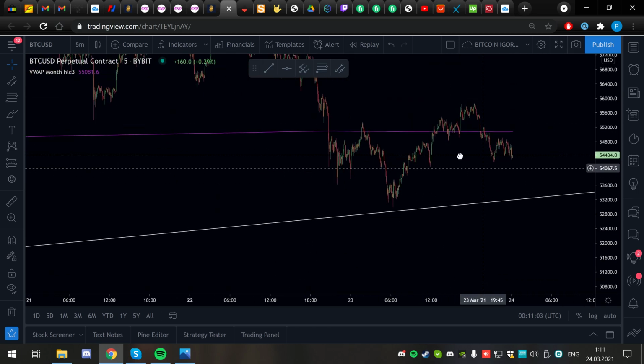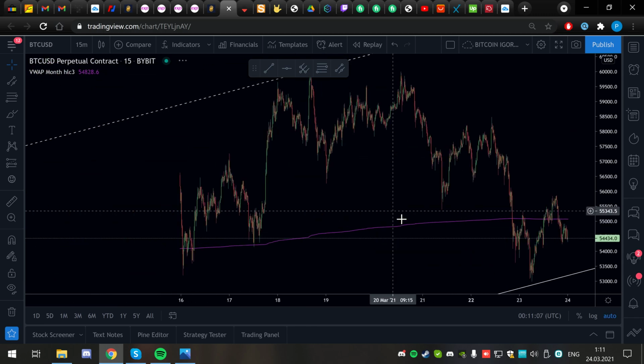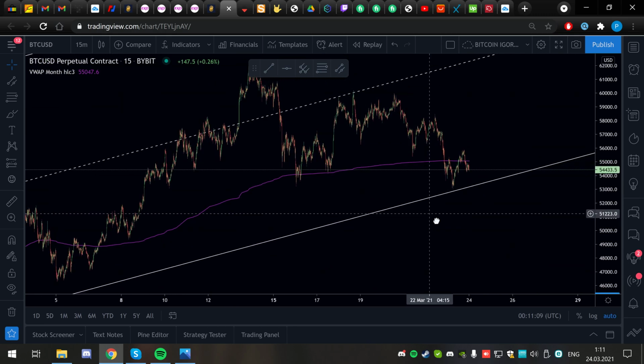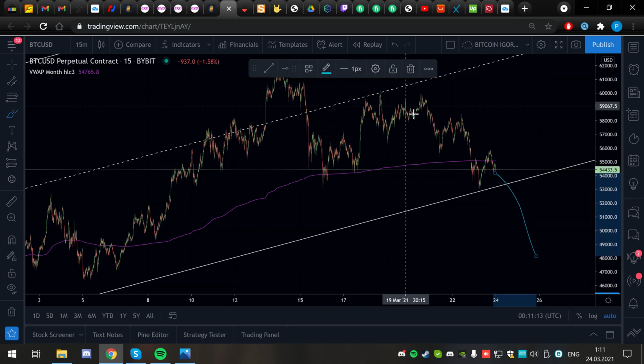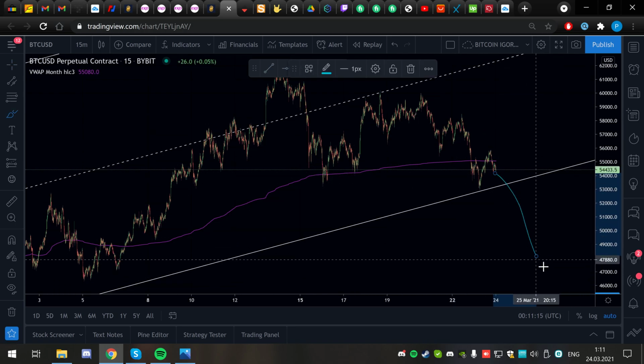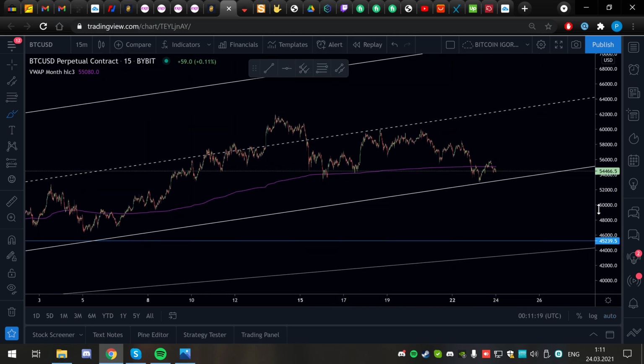Okay. And if we lose this channel, then it's going to be really bad for Bitcoin. If we fall out of it, huge drop to 47,000.